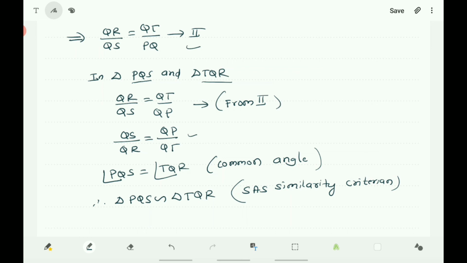Here two pairs of sides are in the same proportion, and their included angles are also equal. So according to SAS similarity criterion, triangle PQS is similar to triangle TQR.